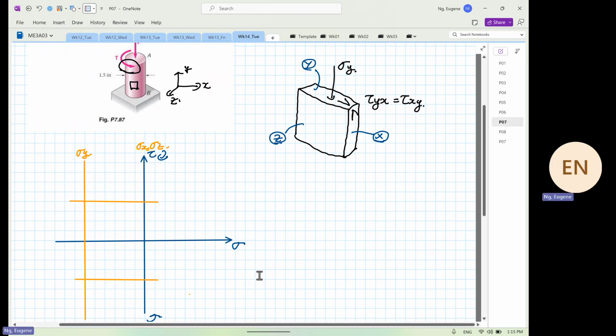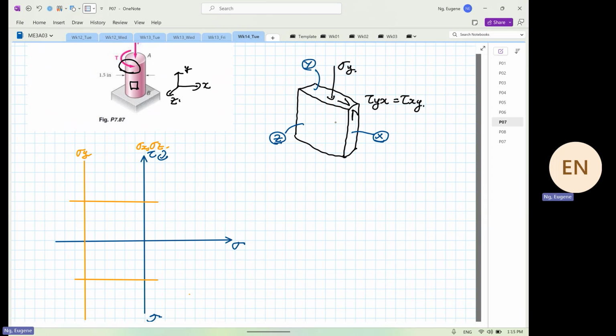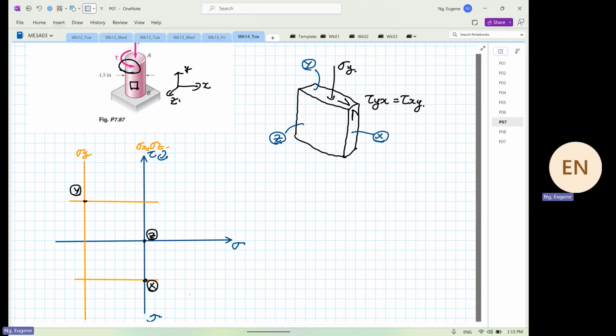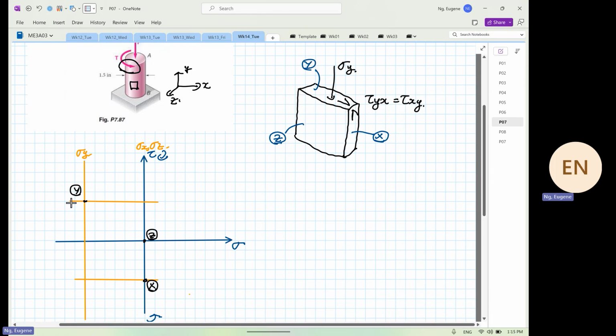From here, we know point X element will rotate in the anti-clockwise. So this is our point X. Over here is our point Y. Over here, this is our point Z. When we sketch our circle, we realize that the bigger circle belongs to our XY plane.